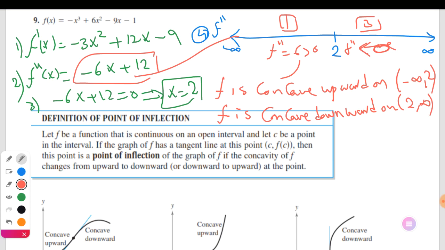Okay, follow the steps as we did with the first derivative to find the intervals where the function is increasing or decreasing, but here with the second derivative. I hope you understand the lesson. It's so easy. Prepare all the questions you would like to ask in the live session. Thank you. Bye bye.